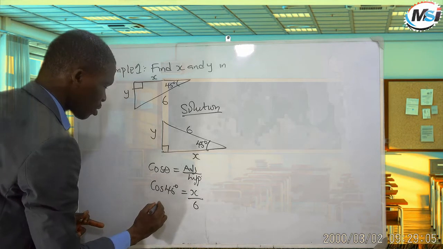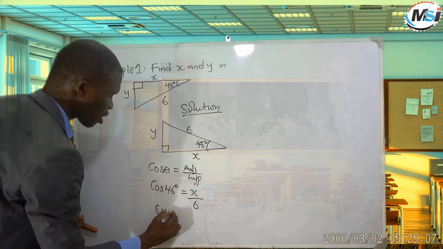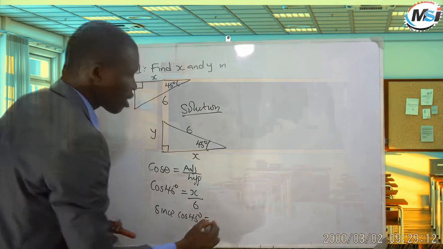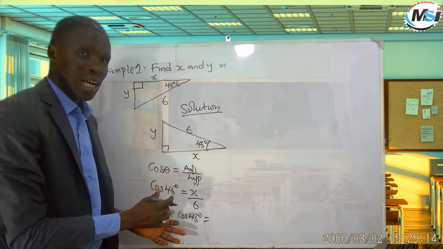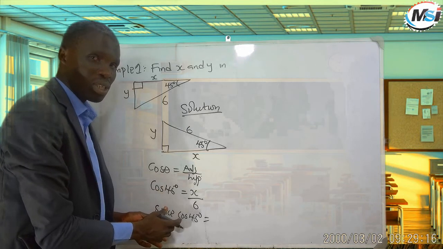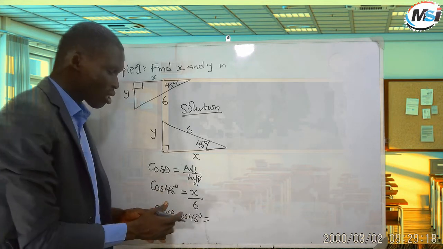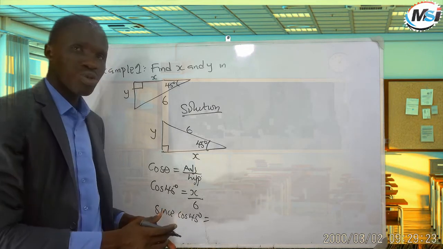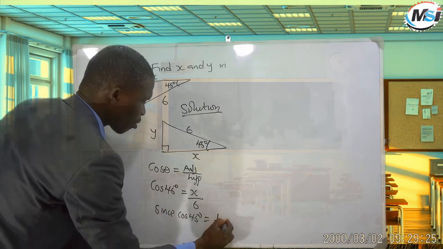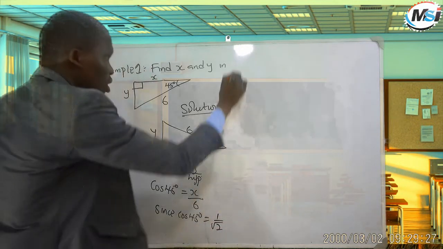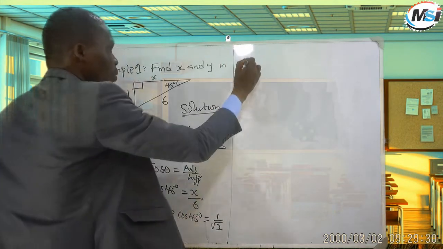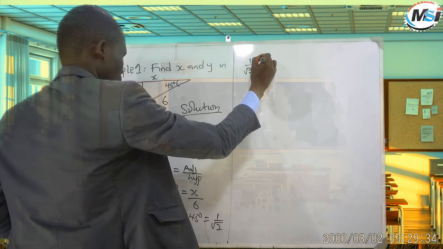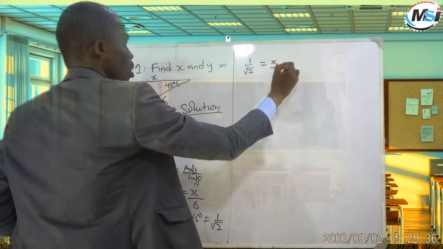From a previous class, I told you that cos 45 degrees equals 1 all over root 2. So this will give us 1 all over root 2 equals x all over 6.